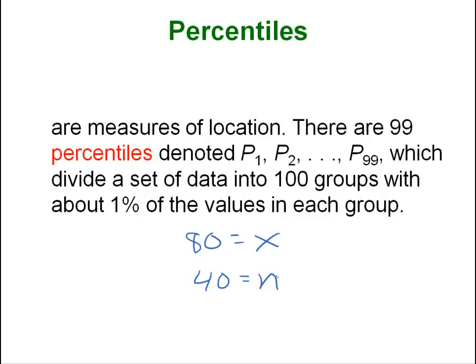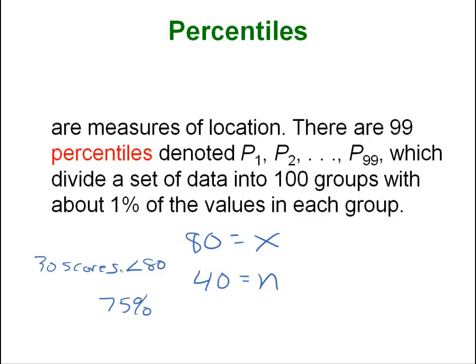If you put all the scores on the quiz in order and you see where your score is, and it turns out that, let's say, 30 students scored less than 80, then the percentile for 80 is the 75th percentile, because 30 over 40 is 3/4, which is 75%.